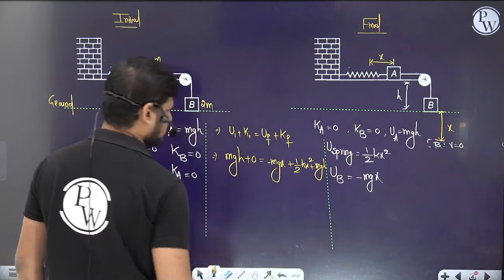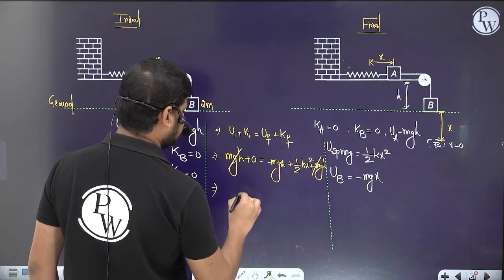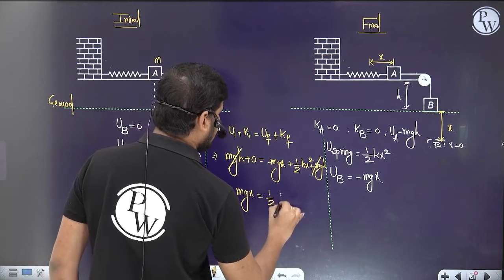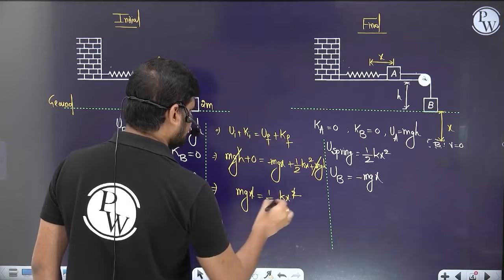Yes, fine. Now mgh cancels, so sending this to the other side, mgx is equal to half kx square. Here one x cancels, so we need x, right?